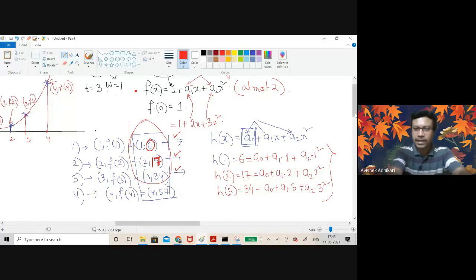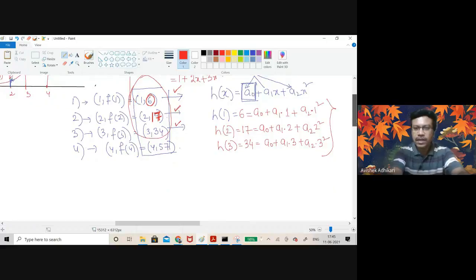So you can write it in this way. There are 3 equations in a0, a1, a2, and there are 3 variables. So there might be a chance that you can solve this system of linear equations.